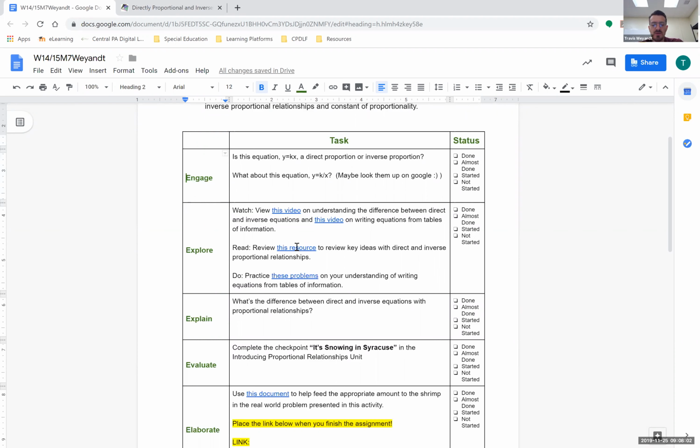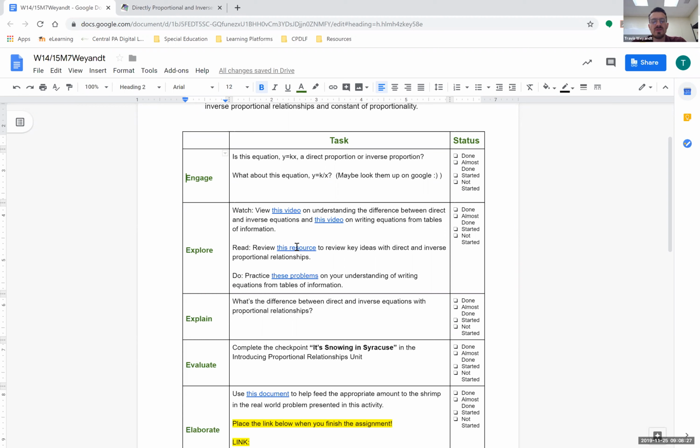Use those models to help find different numbers in the table. Or if the question asks you to write an equation, use those models to help you answer that. Most of the time, when they say write an equation from this table, they want you to find k, the constant.